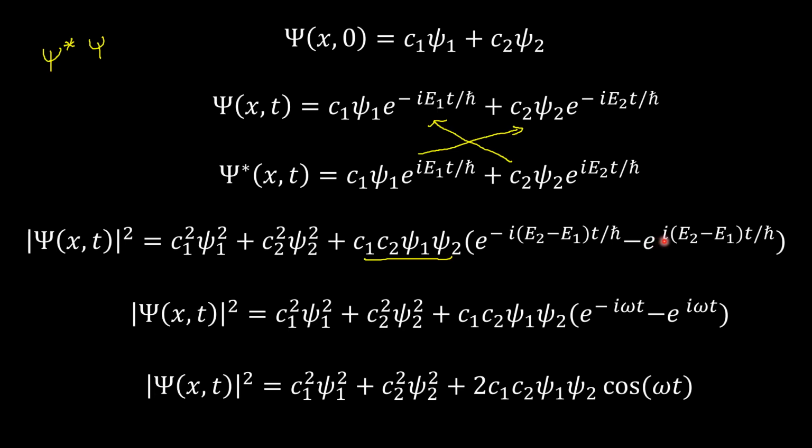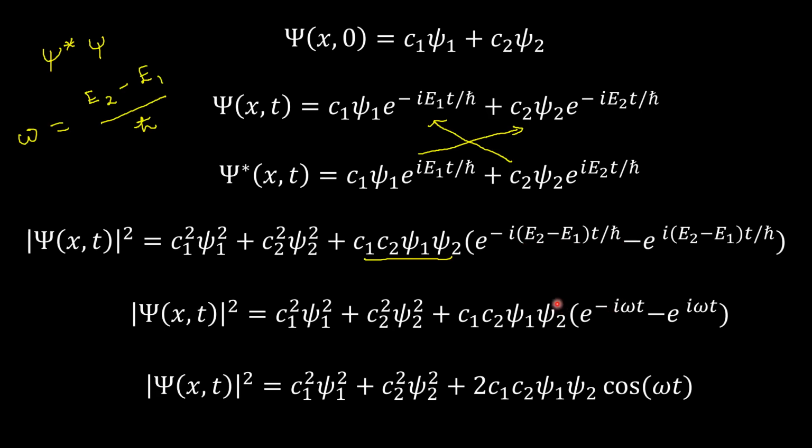So I am taking this as i(E2 minus E1)t/ħ because E2 is a higher energy level. So now you know omega is equal to (E2 minus E1)/ħ. So I am replacing (E2 minus E1)/ħ as omega.